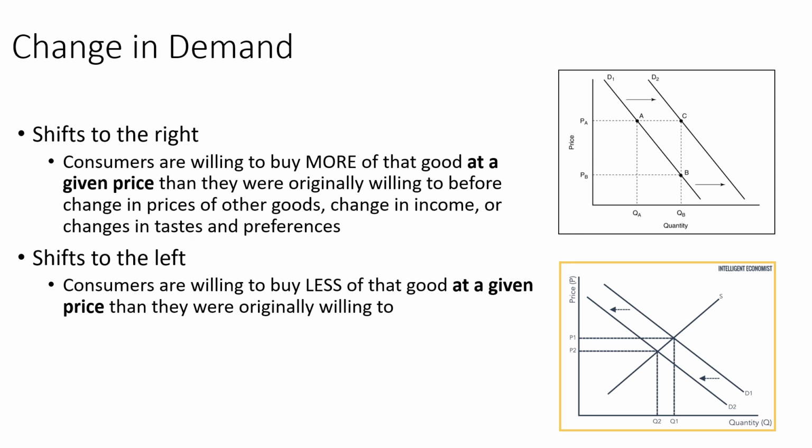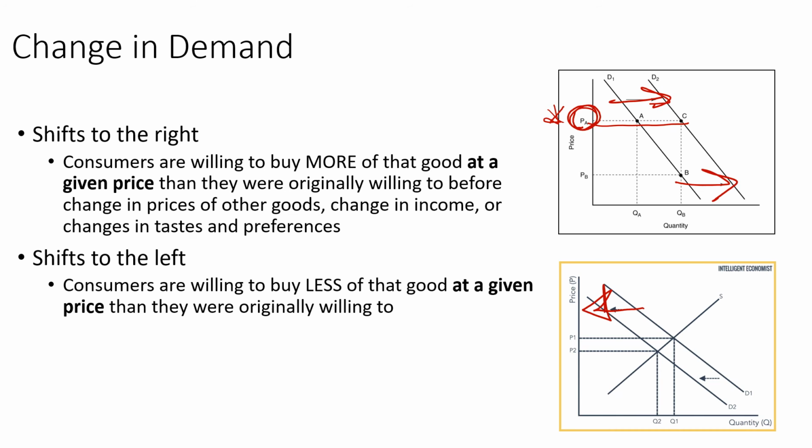So just to review really quickly, a shift to the right means that people are willing to buy more of a product at a given price. The price stays the same as a result of some outside factor, whether it's a change in income, a change in tastes and preferences, or a change in a complement or supplement price.